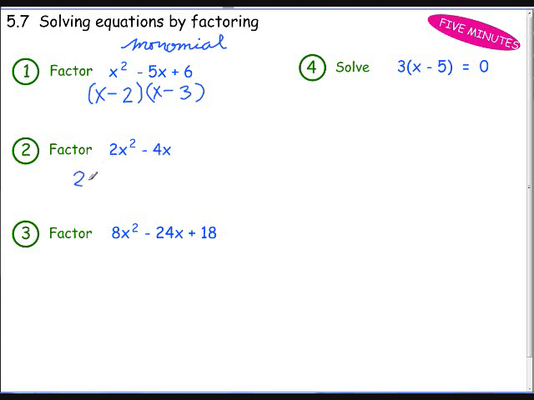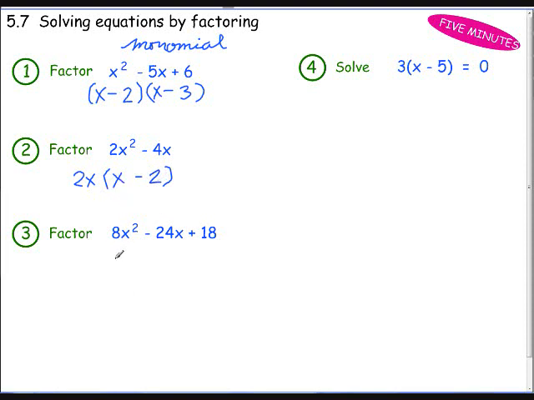Both of these terms can be factored evenly by 2 and by x. So let's do that. Factoring, of course, is merely dividing something out of the terms and setting it up as a product. So I'm going to divide this by 2x. That will leave me with x. I'm going to divide this by 2x. It's going to leave me with 2.